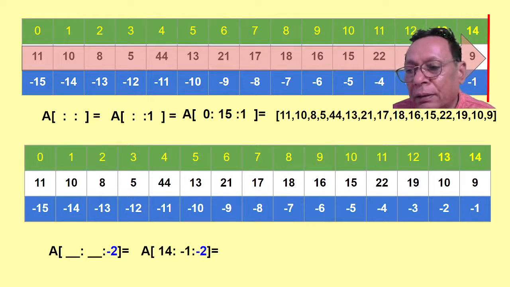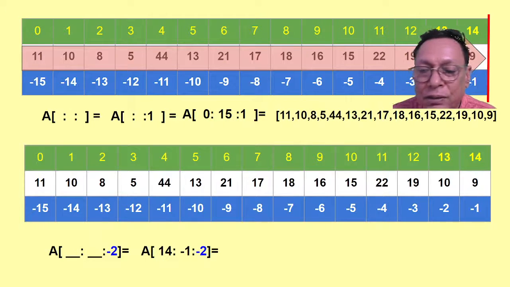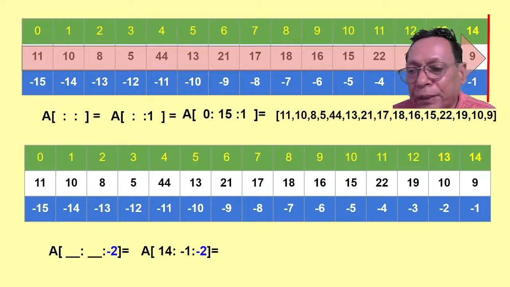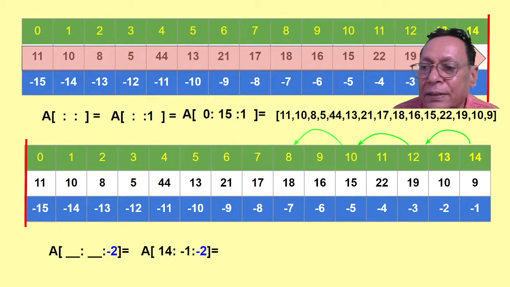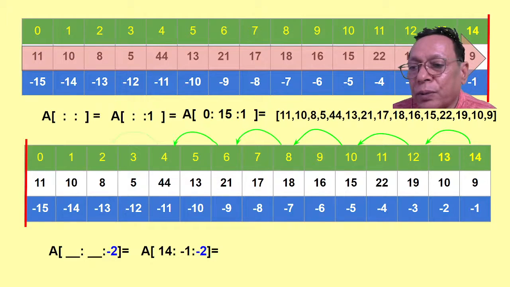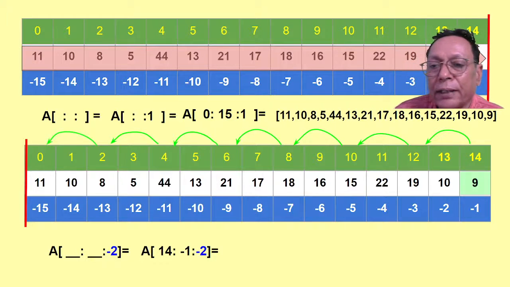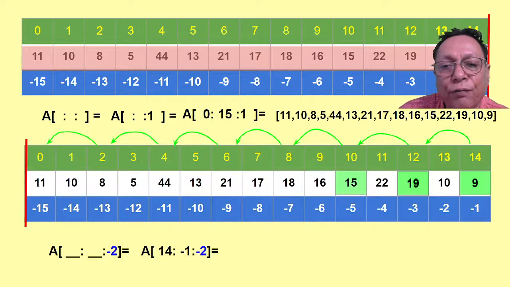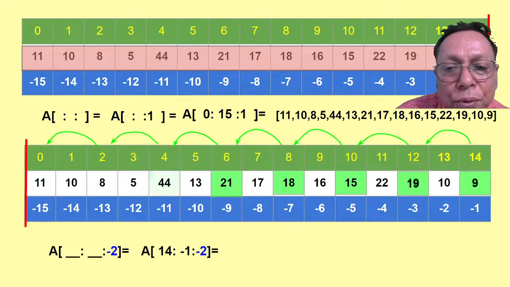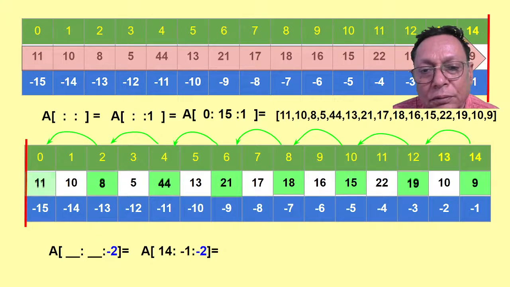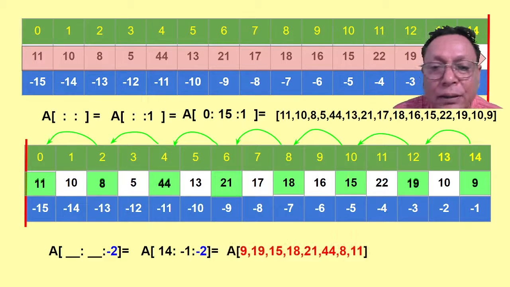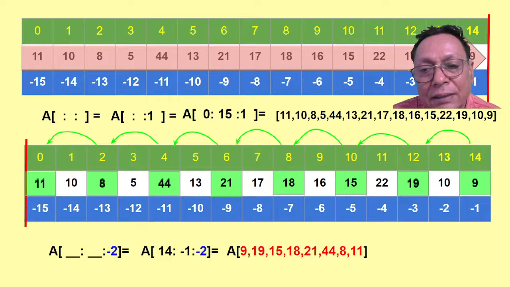So here, from the end index, we'll have to move towards the left from 14 to the beginning with a gap of -2. Just see, like this: from 14 to 12, 12 to 10, 10 to 8, 8 to 6, 6 to 4, 4 to 2, and 2 to 0. Since -1 is not there, till this place we'll have to consider the slice.